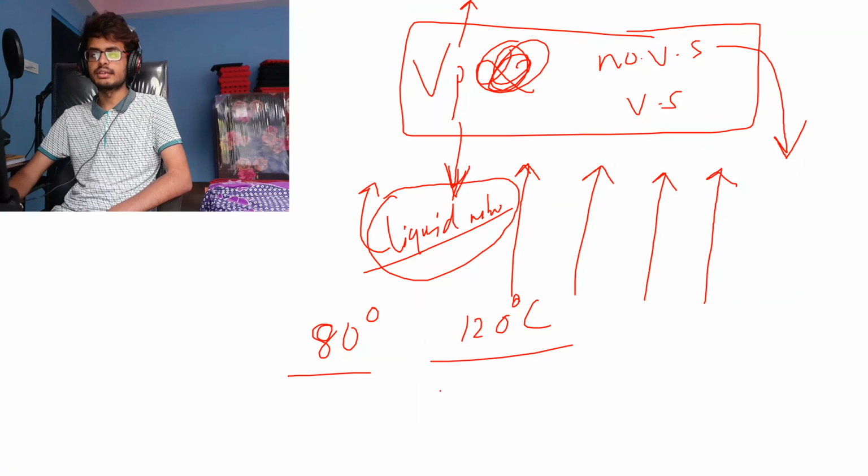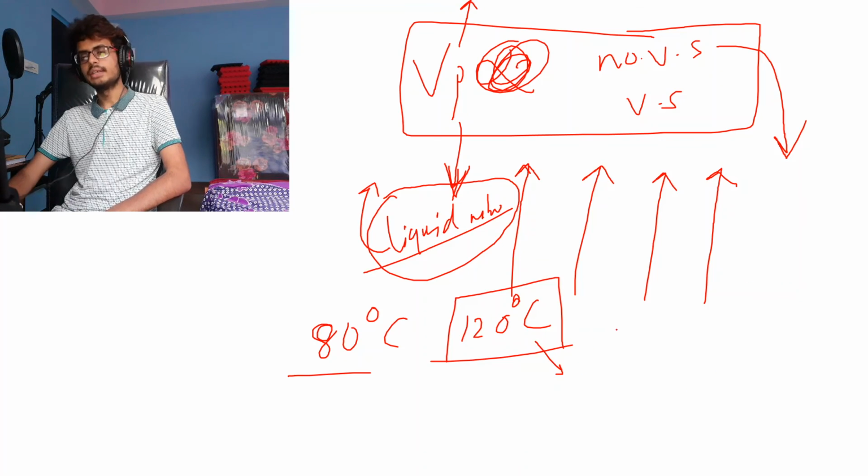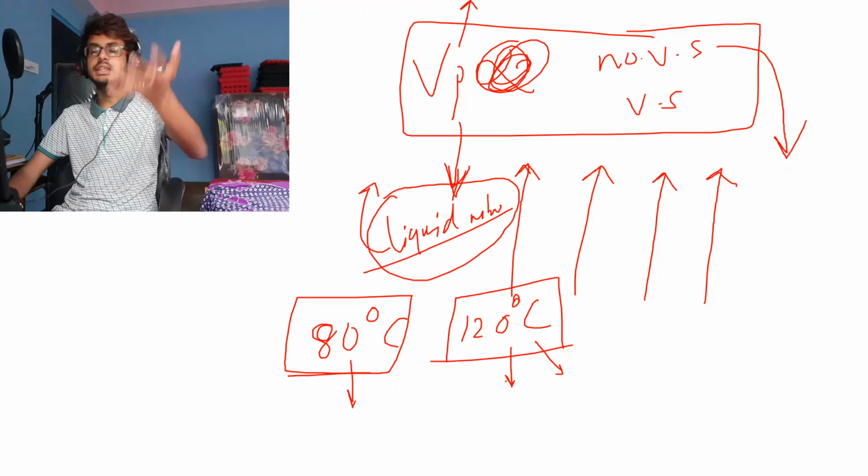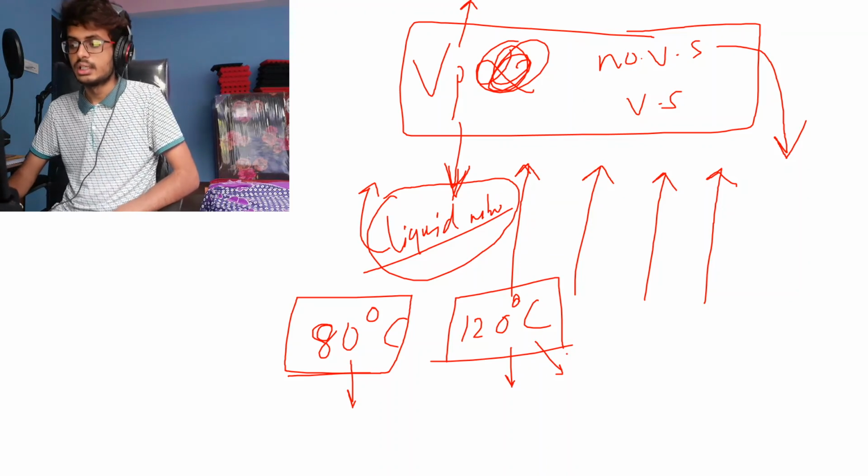Which one will have high vapor pressure? 120 will always have higher vapor pressure, because at 120 degrees Celsius, water will be boiling at a higher rate than at 80 degrees Celsius. At 80 degrees Celsius, it will not be boiling that vigorously. At 120 degrees, it will be vigorously boiling. That will cause more production of steam, right? Vapors. So that will increase the vapor pressure of the liquid.